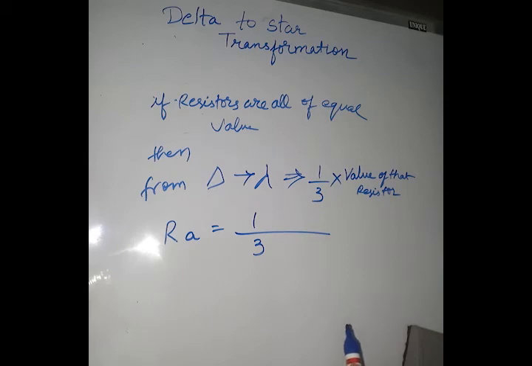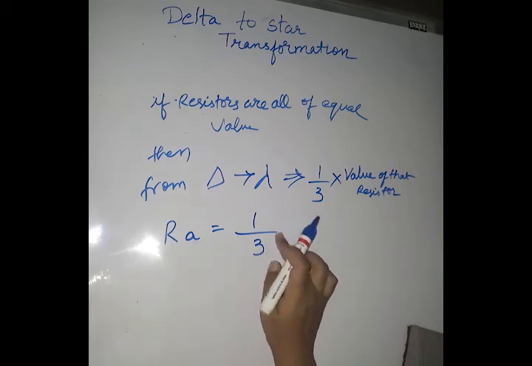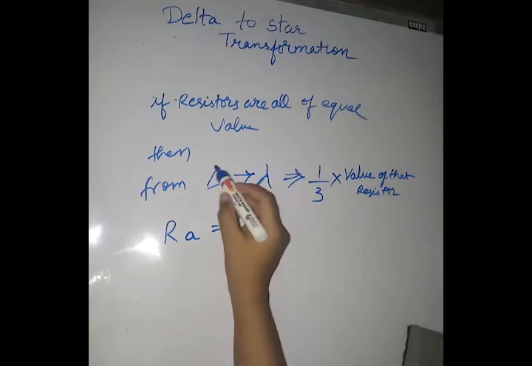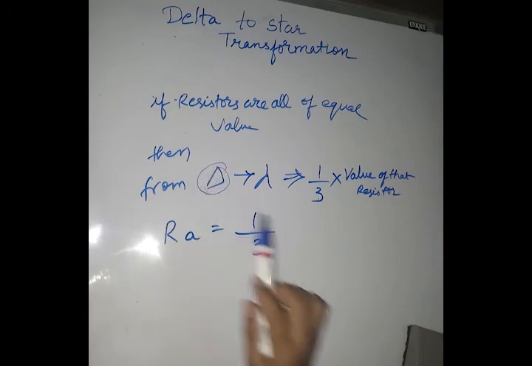So that's what I am trying to say, that RA is equal to 1 by 3 the value of that resistor, that is 1 by 3 the value of the delta connected resistors.